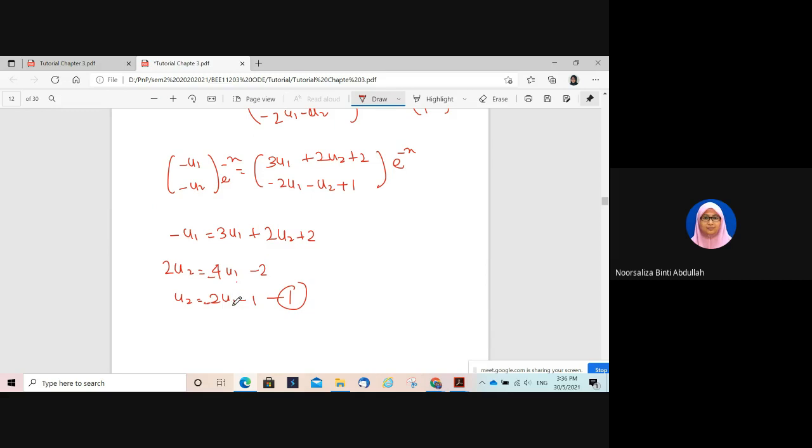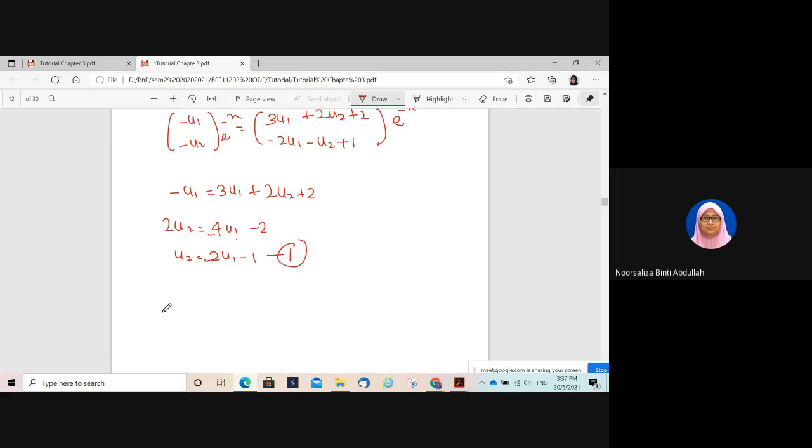So negatif 2U1 minus 1. Betul kan? U2 equals to minus 2U1 minus 1. Betul. Okay. Yang bawah ni minus U2 equals to minus U1 minus U2 plus 1.